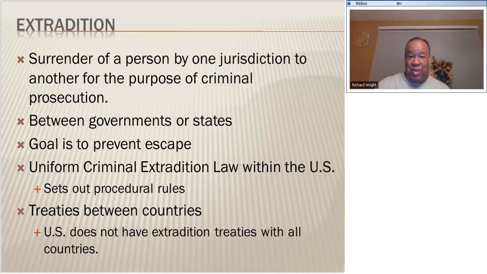There was a young man by the name of Edward Snowden who I think went to Russia, and they're protecting him. I'm almost sure it was Russia. But anyway, it's not one of our friends or allies, and they're not going to let him come back here because he is involved in government secrets. So the United States does not have extradition treaties with all countries. That's what I was just saying a few minutes ago.